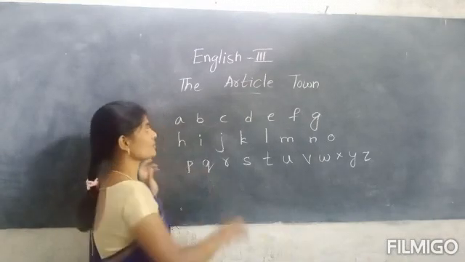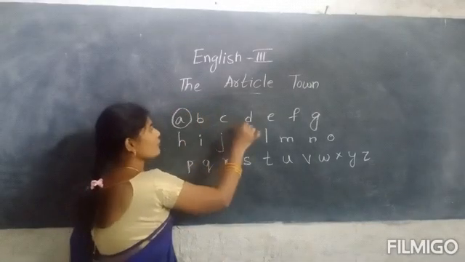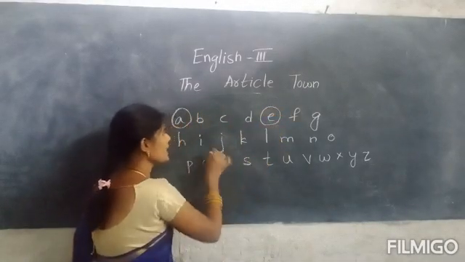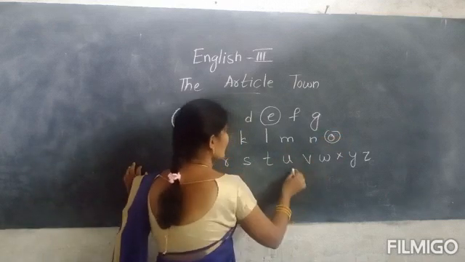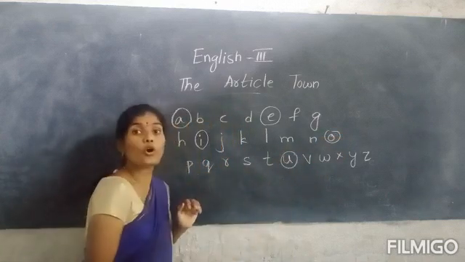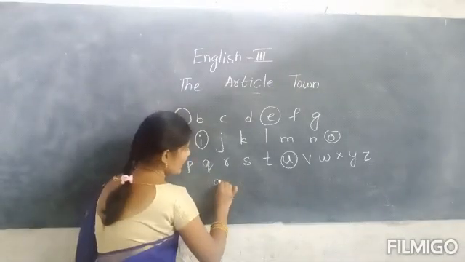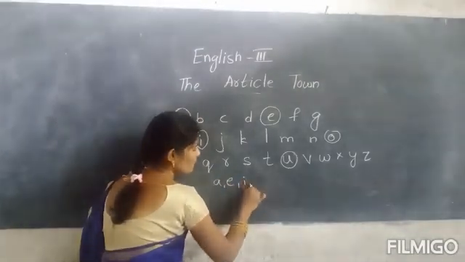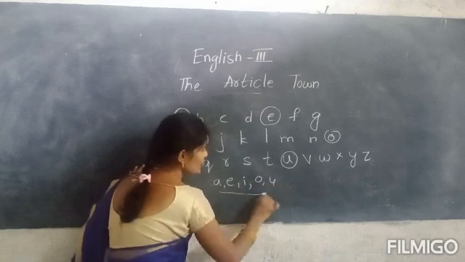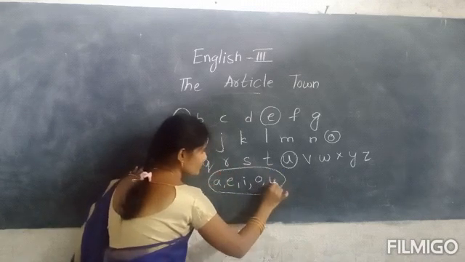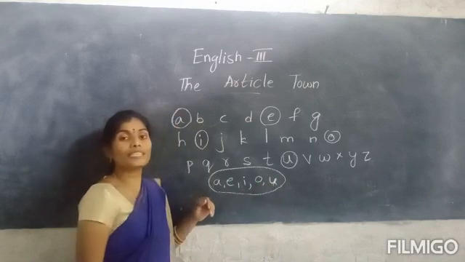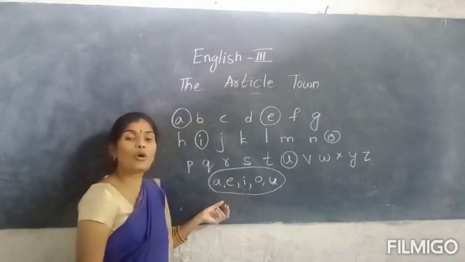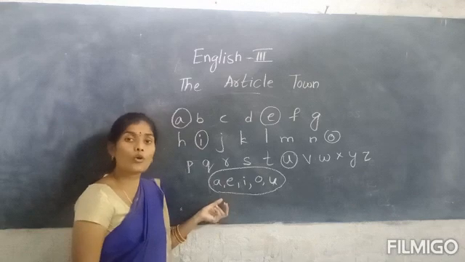In it, A, E, I, O, U, these 5 letters are called vowels.